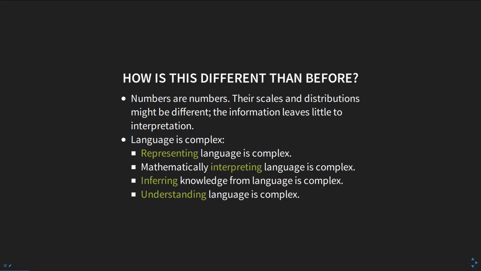Now, that also makes mathematically interpreting language very complex. We can't just rely on words being in a certain text, yes or no. They also have a certain semantics, certain information they convey within a document.